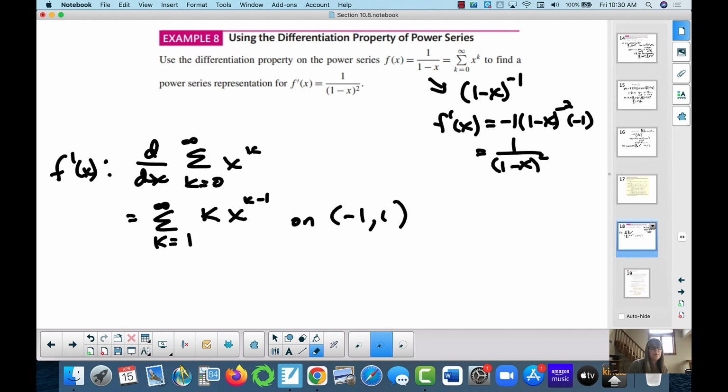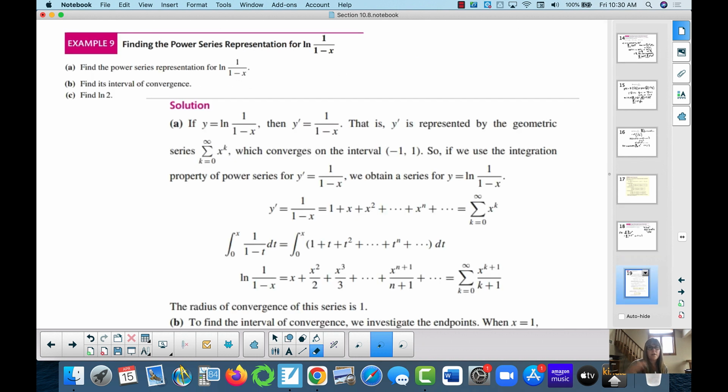The next example I'm not going to write out, but I'm going to let you read through this. This is an example of using the integration property, because natural log of 1 over 1 minus x happens to be the antiderivative of 1 over 1 minus x. So again, for the power series that we know, we can use the integral property.